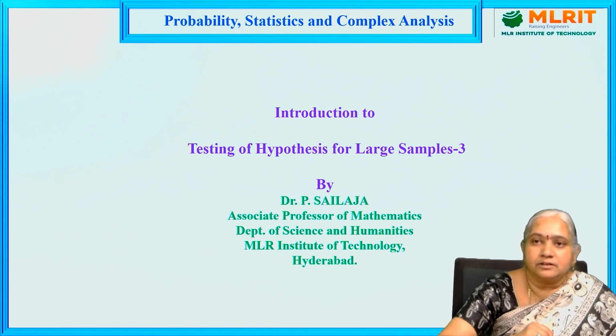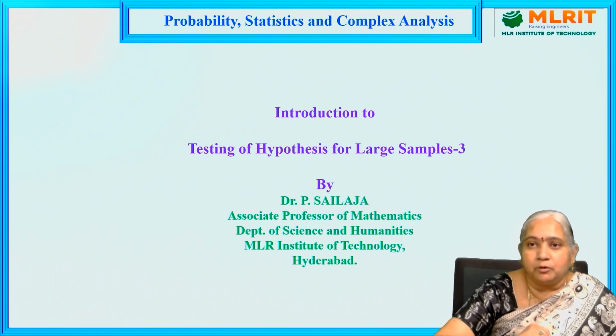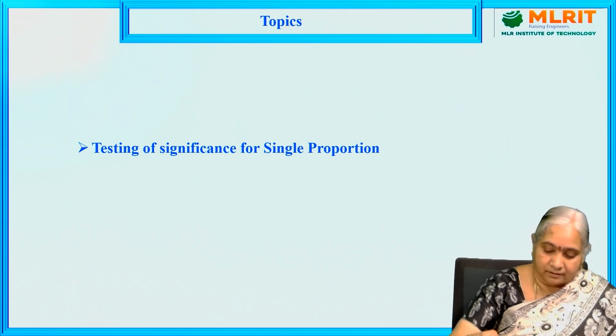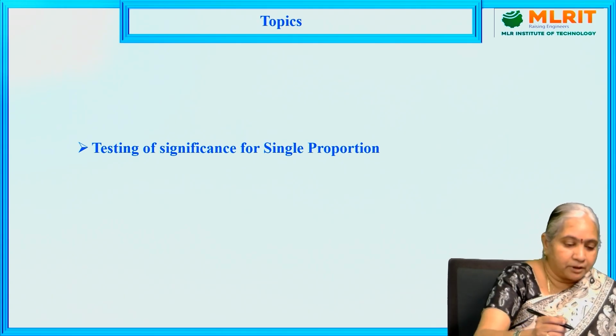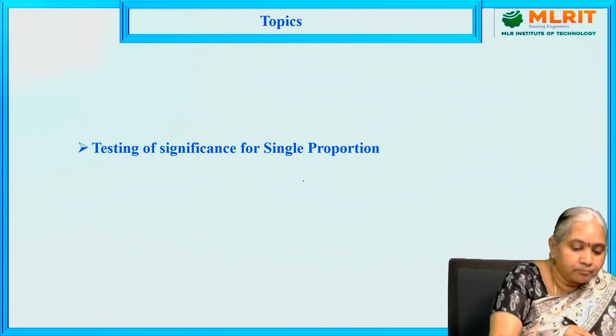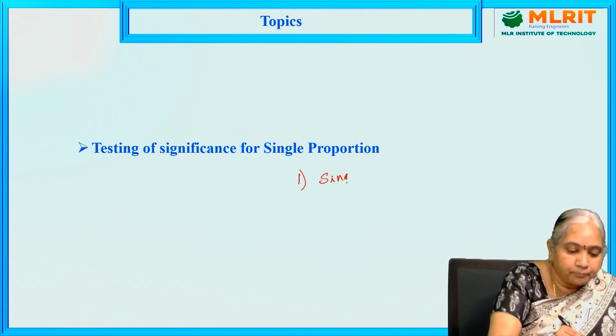Today in this lecture, we are going to study the single proportion in large samples. So far, we have discussed two types of tests in large samples: single mean and difference of means.